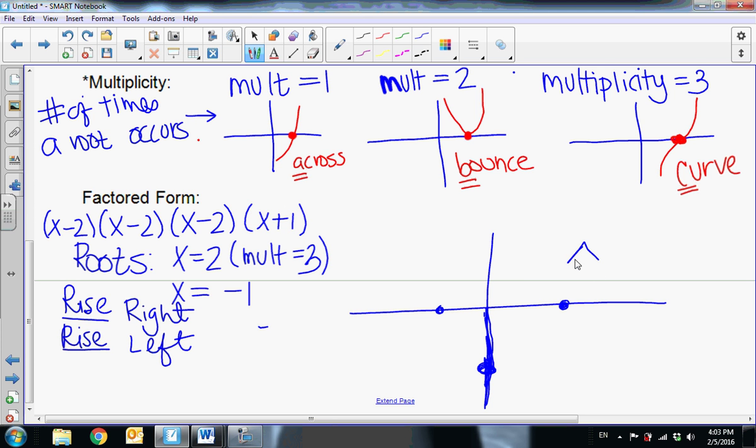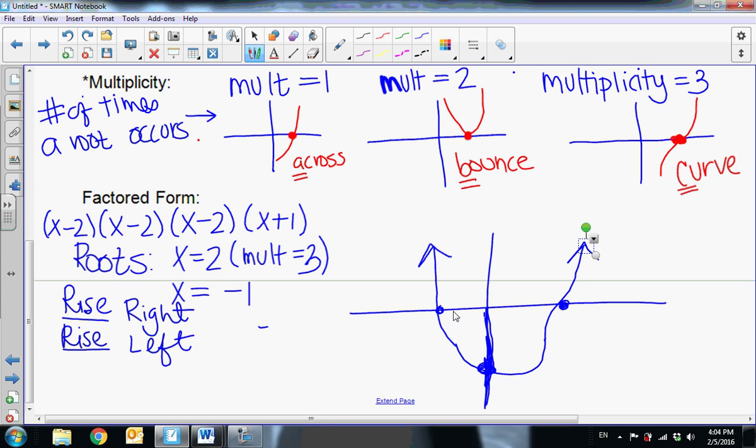All right, so we're going to rise on the right. At x equals 2, we have a multiplicity of 3, so you're going to do your best to make it look like a cubic curve through that root. Hit your y-intercept.